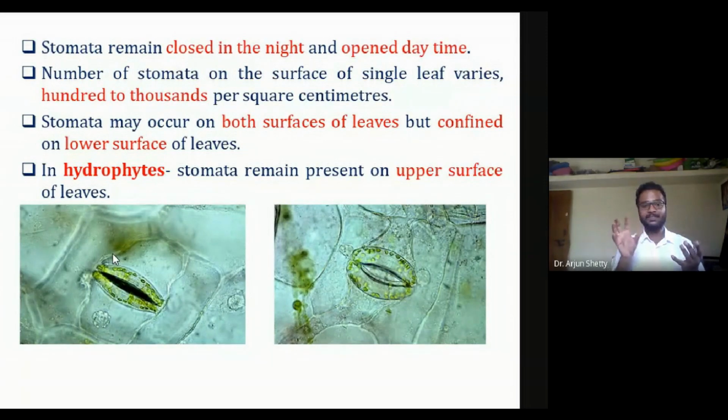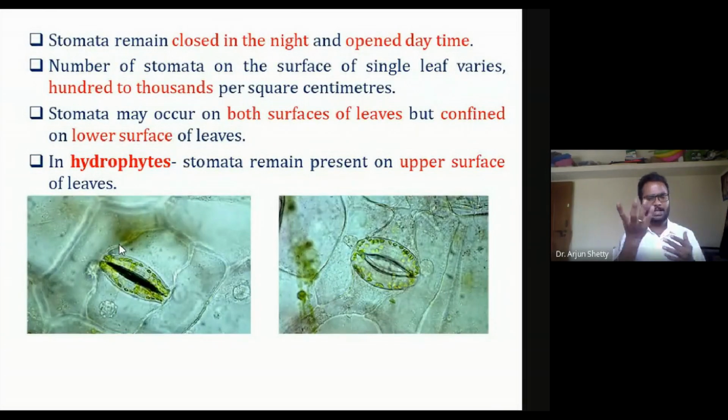Based on the physiological function of a leaf as well as a plant, we can come across a varied number of stomata. One more point is that usually in terrestrial or mesophytic plants, the number of stomata is greater on the lower surface than on the upper surface.